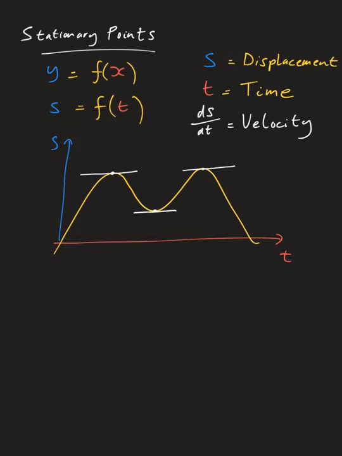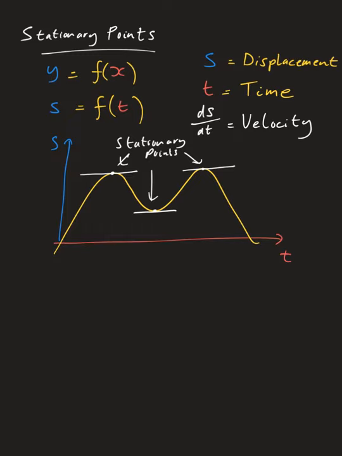In this graph of displacement against time, it is the slope of the tangent to the curve at a given point. So at each of those points, the curve is flat, or the tangent is horizontal. So the velocity is 0. If the velocity is 0, then the object, in this case, is stationary, not moving. So these are the stationary points.